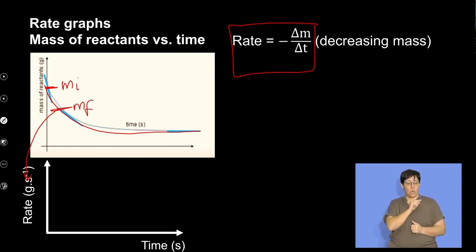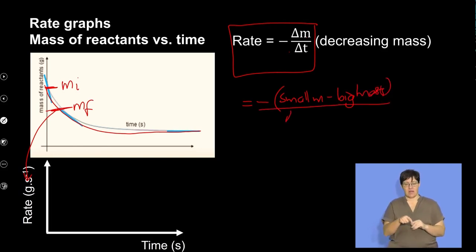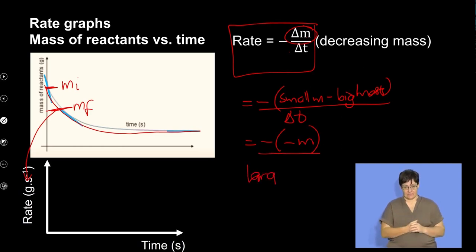So because our final mass is smaller than our initial mass, if we plug that into our formula, we will have the rate being equal to minus a small mass, minus a bigger number for mass, over our delta T. So our answer for the change in mass will be a negative number, and that negative change in mass times the negative in front because of the decrease will lead to a positive answer, a large positive number.